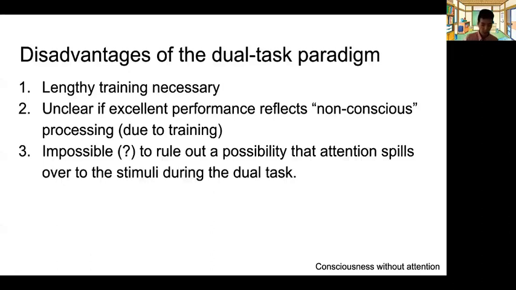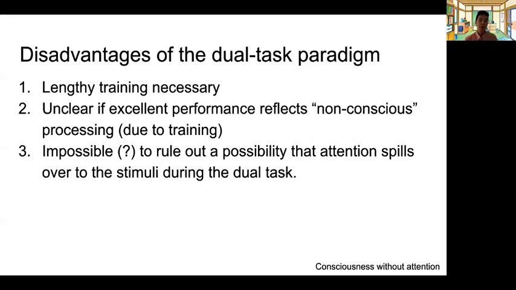Another important thing is that in the previous dual task paradigm it was impossible to rule out the possibility that attention itself spills over to the stimulus during the dual task. As Bahrami's fMRI task proved, a low cognitive demand task, which does not require a lot of attention to the central task, seems to make it possible for attentional amplification to spill over to the peripheral task.